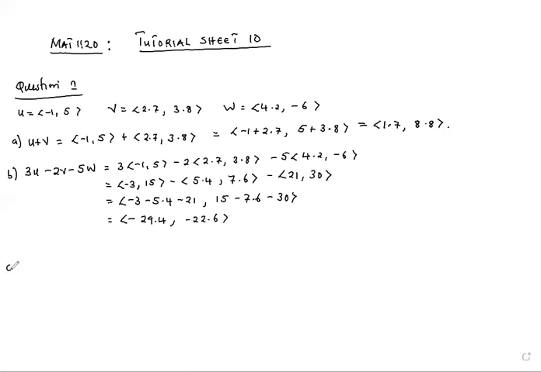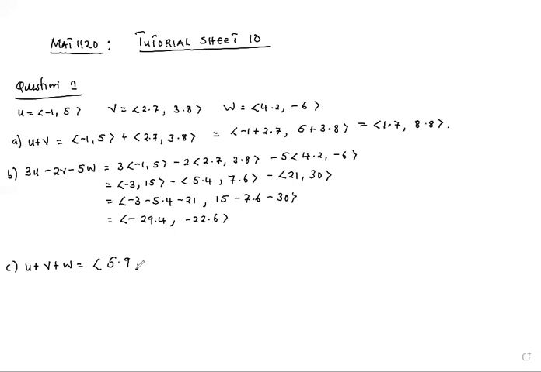And then C, u plus v plus w, giving us, now we add directly, -1 plus 2.7 plus 4.2, we get 5.9.